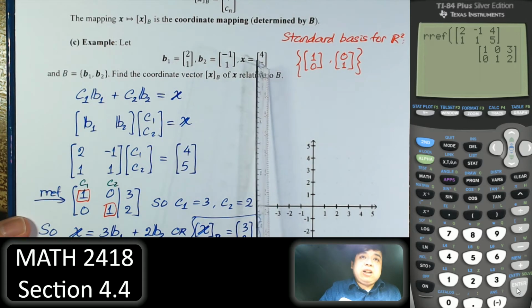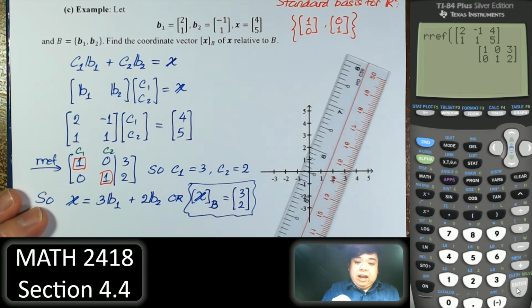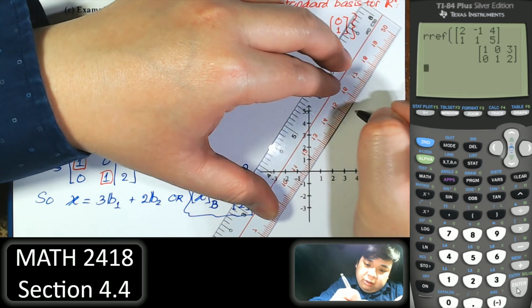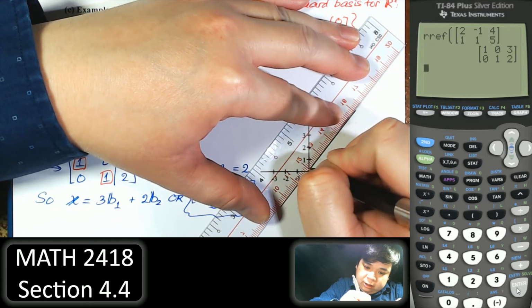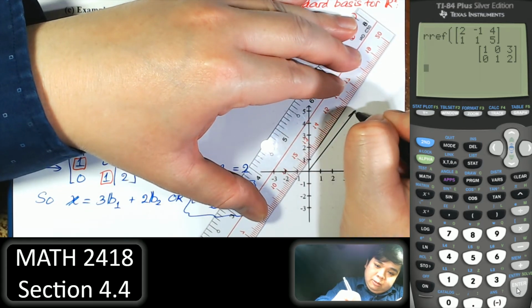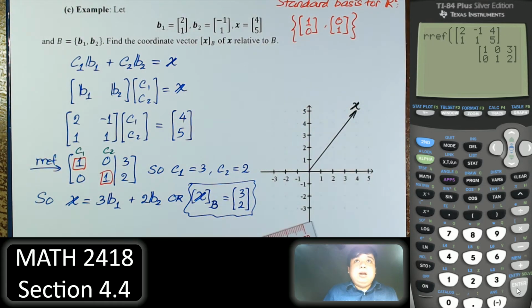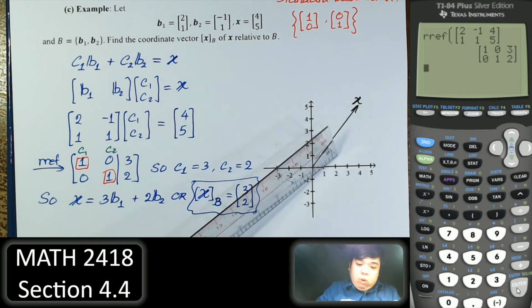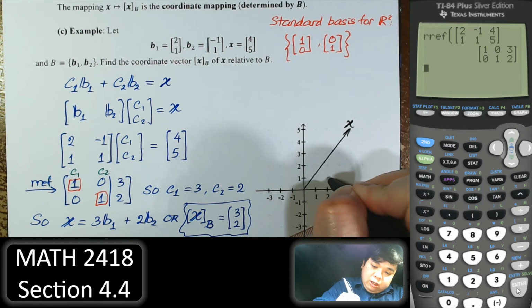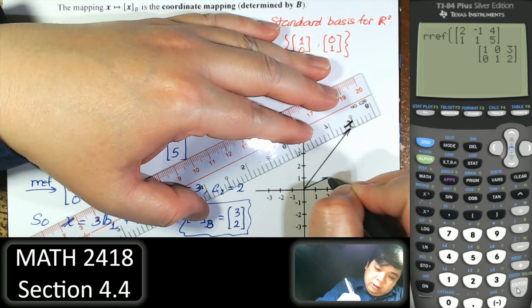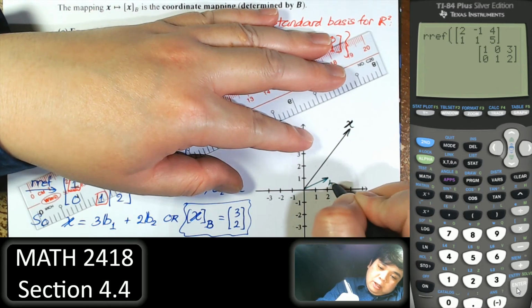First, vector x in the standard basis is 4 and 5. Now, the vector b1 is 2 and 1, so that is b1.